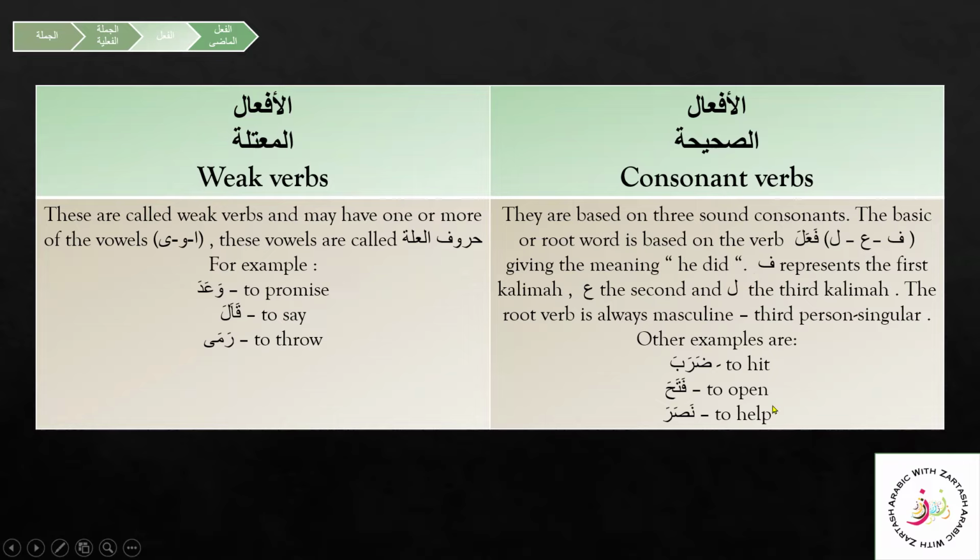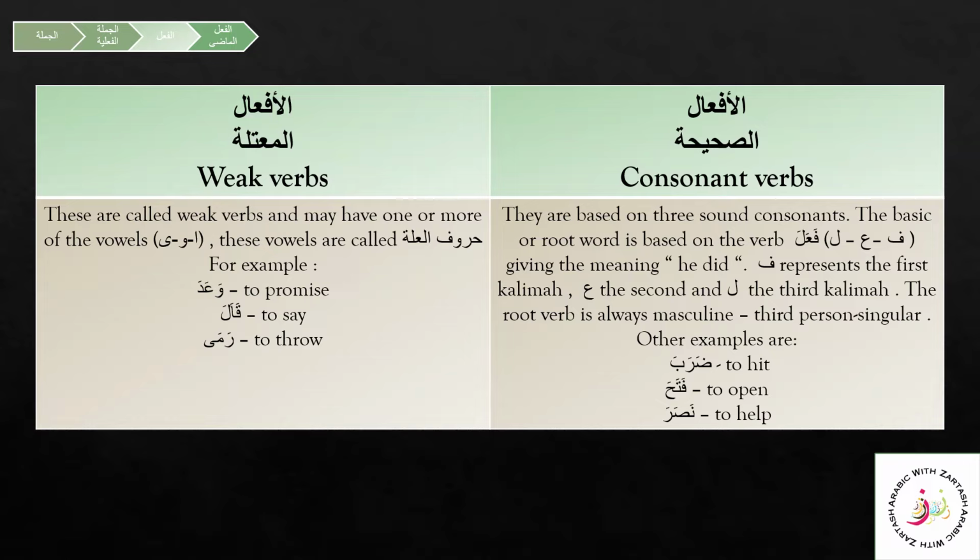For afal sahiha, we have those with sahih endings, and when they end with these huruf illa, then we have different rules for them. But when we see them in the middle and the start, the rules are different. Here you can see huruf illa in the weak verbs: wa'ada, qala, and rama. So we have started in our studies as well afal mu'talla, or the weak verbs.